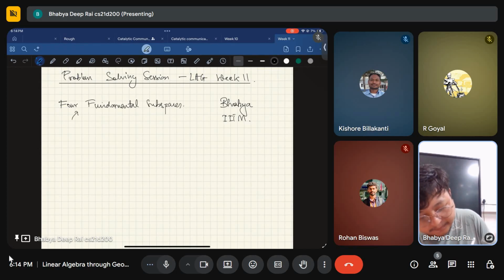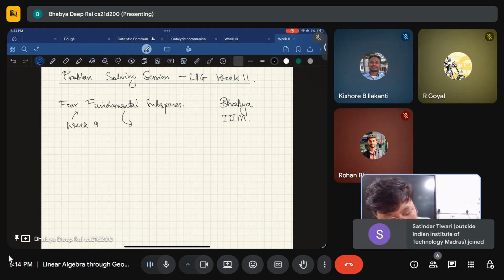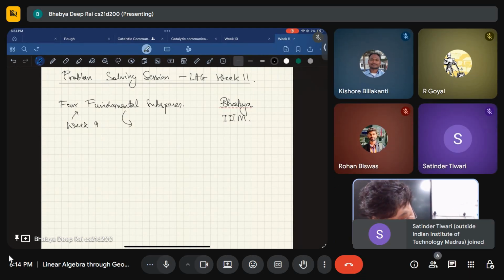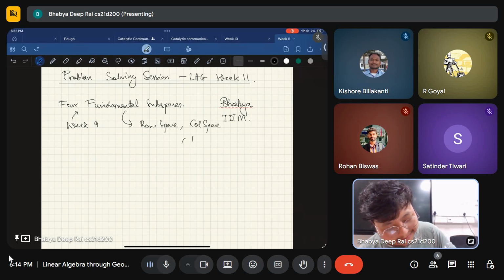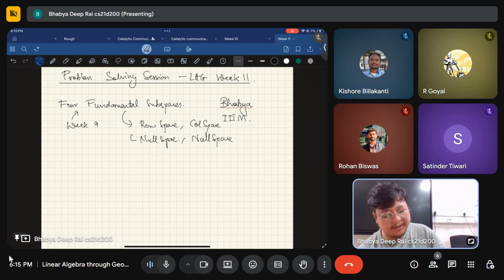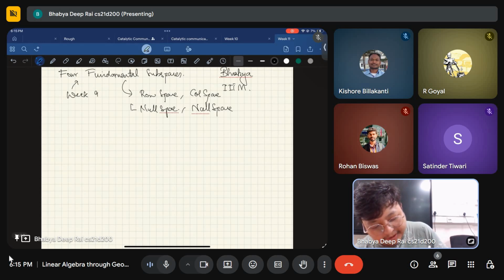This was week 9, and if you can recall, the four fundamental subspaces were the row space, column space, the null space, and the left null space. Great. And we did a lot of problems in it, the concepts behind it, and their applications.